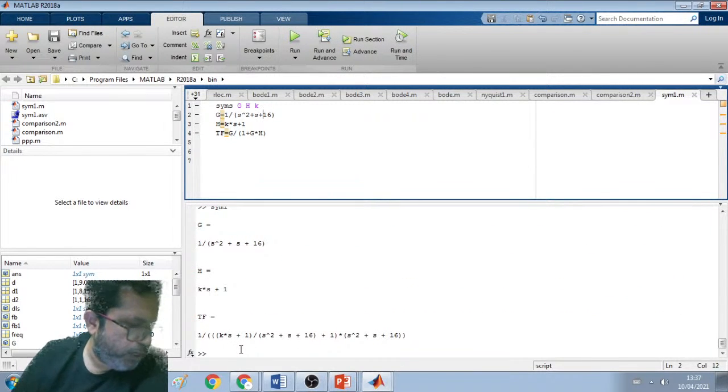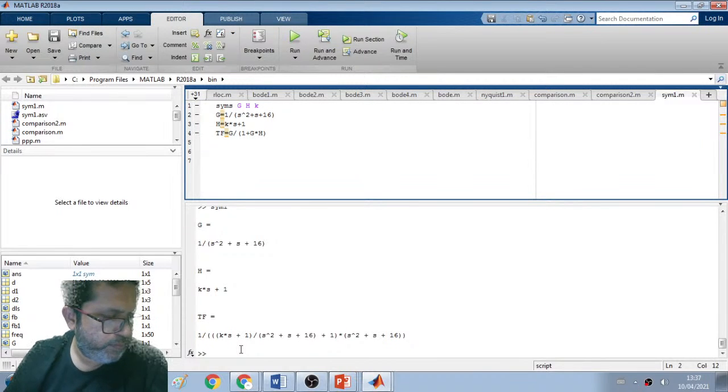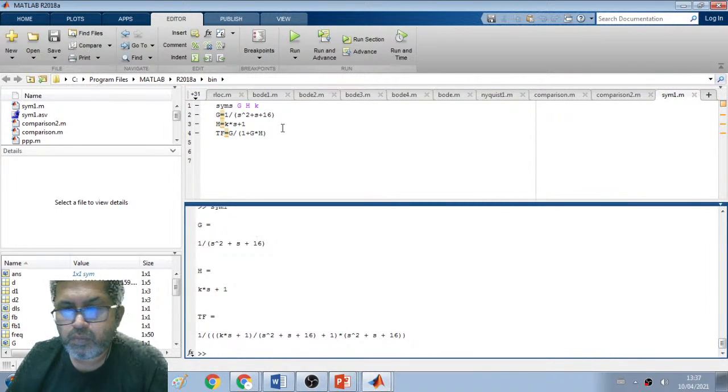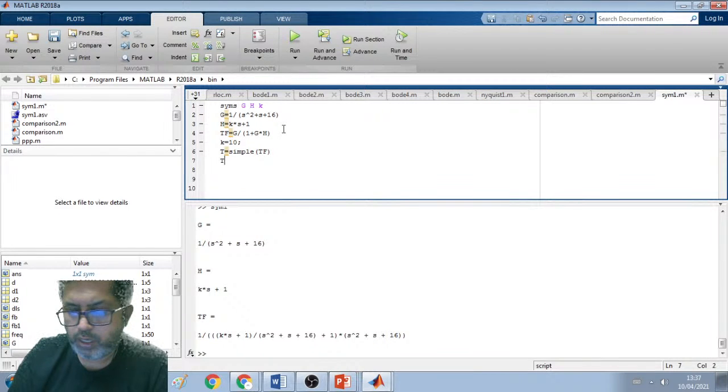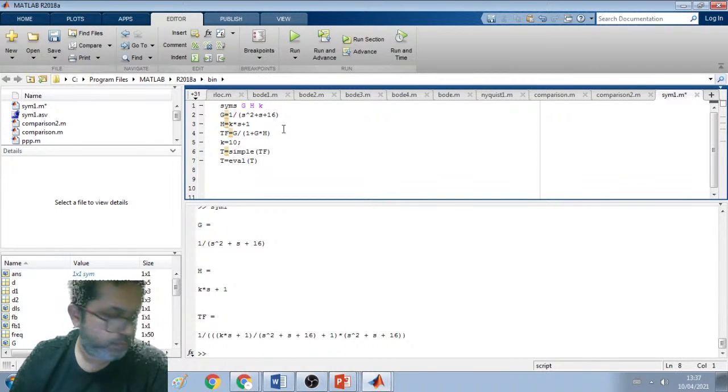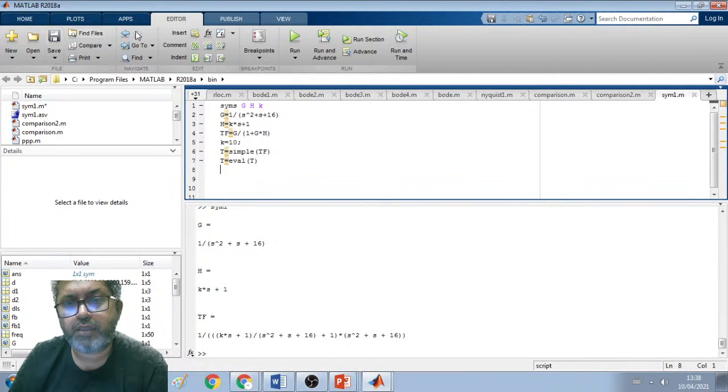So in this way you can get the transfer function. So k equal to 10, t equal to simplify tf, t equal to eval t, then what will be the answer?